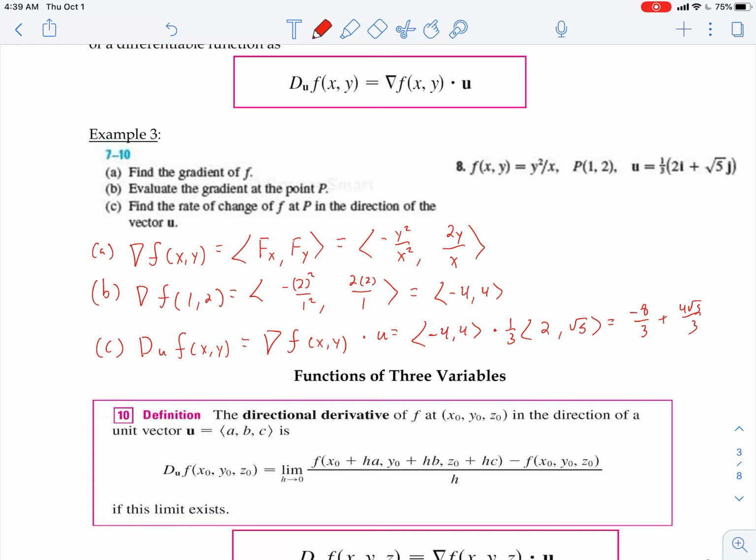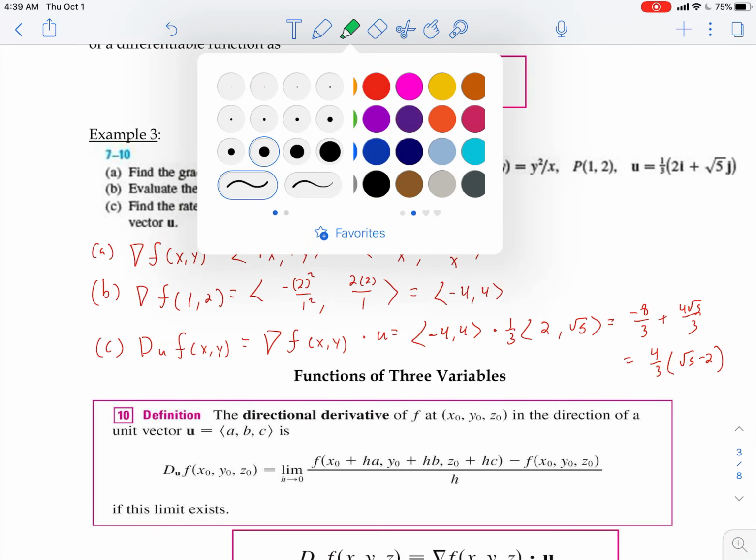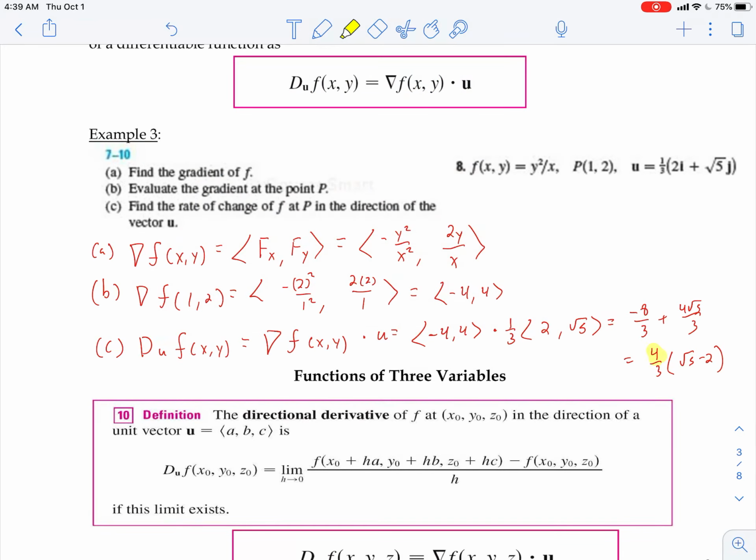So basically I can pull out a 2, actually, I can pull out 4. I'm going to pull out a 4/3. And I'm left with radical 5 minus 2 on the inside. All right, and there is the rate of change of f at p in the direction of our unit vector. And I'll highlight this.